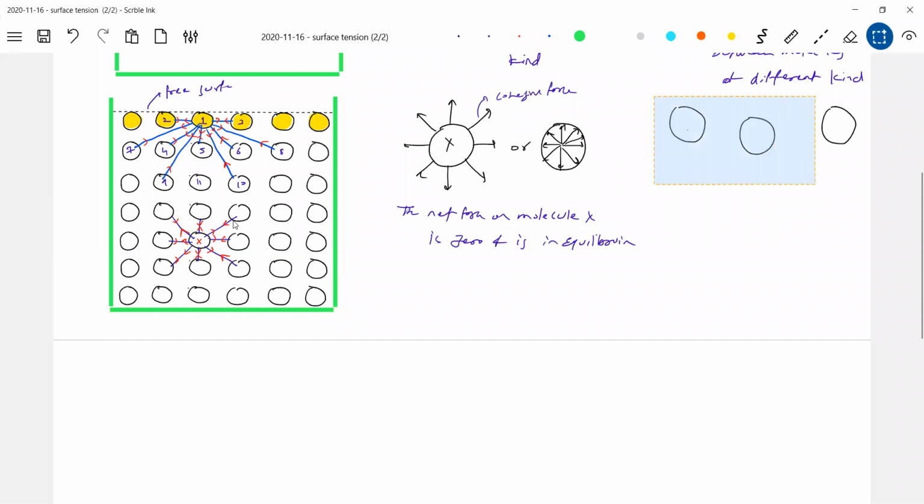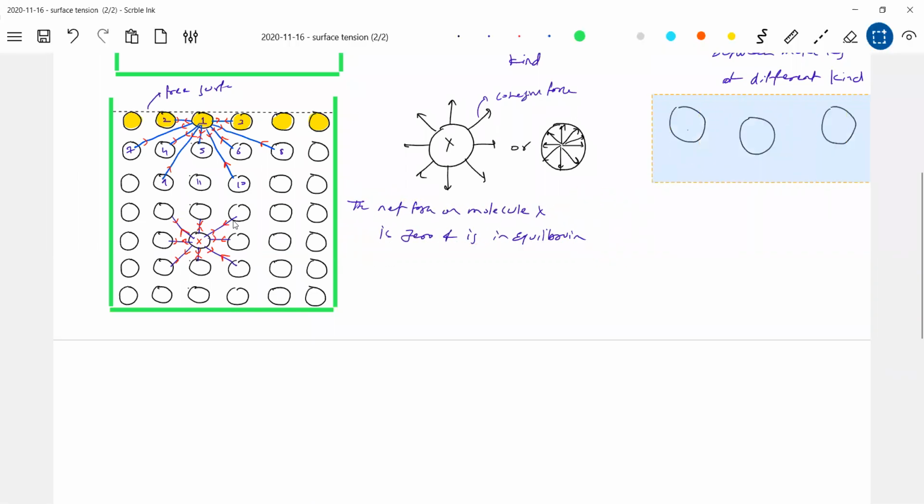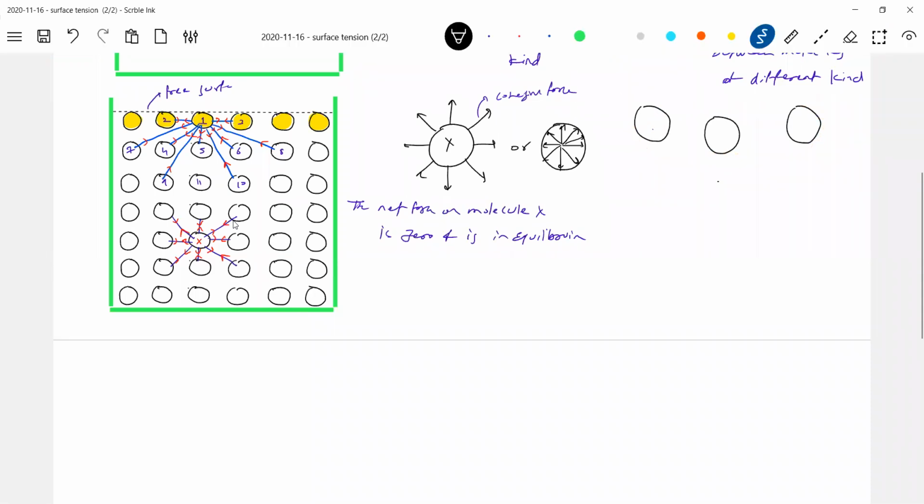I need more space. Look at it. Exactly 5 is below it. 6 here, 8, 10, 11. Okay, now this was number 1, 2, 3. So slightly this force will be like this.